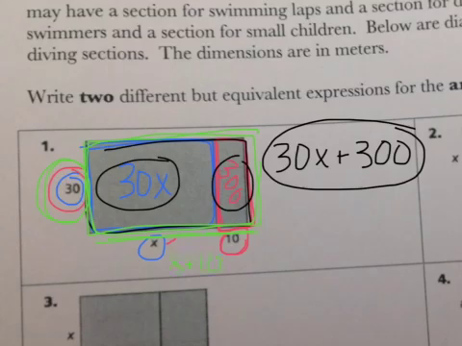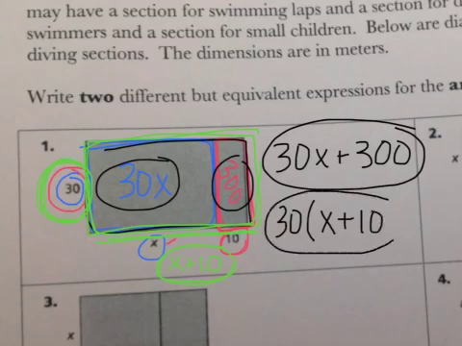So the height of our rectangle is 30, the base of the rectangle is x plus 10, so we can write another area expression by multiplying 30 by x plus 10. And all we're doing is multiplying the height times the base, and we get this expression for the area.